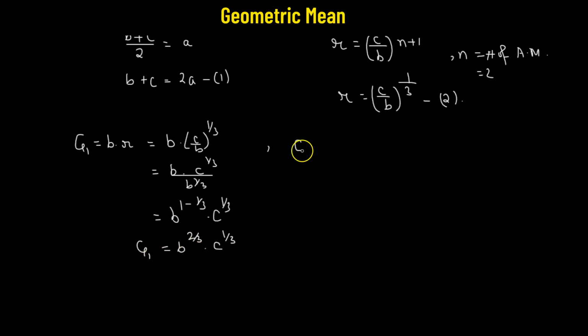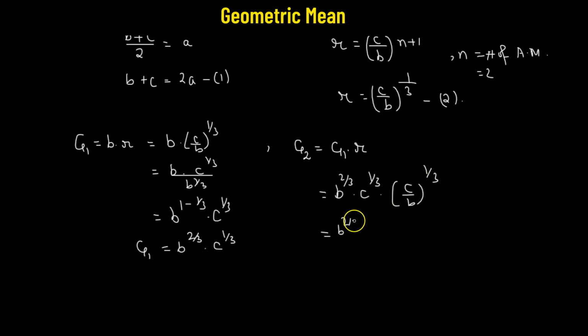Then we can also find out the value of g2. The g2 will be equal to the previous term, which is g1, multiplied by the common ratio r. We already obtained g1. This value is b raised to the power of 2/3 times c raised to the power of 1/3, multiplied by the common ratio, which is c over b raised to the power of 1/3. So let's find out this value.